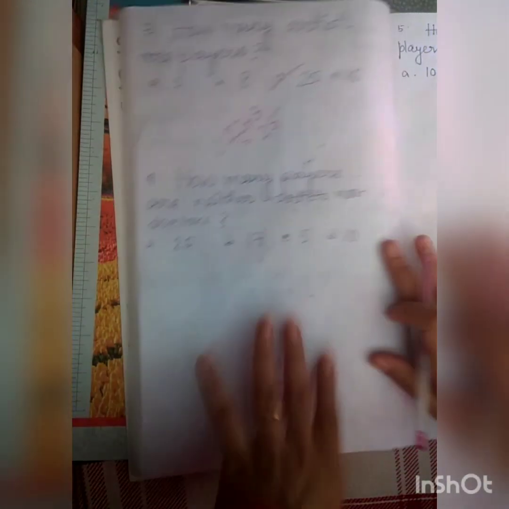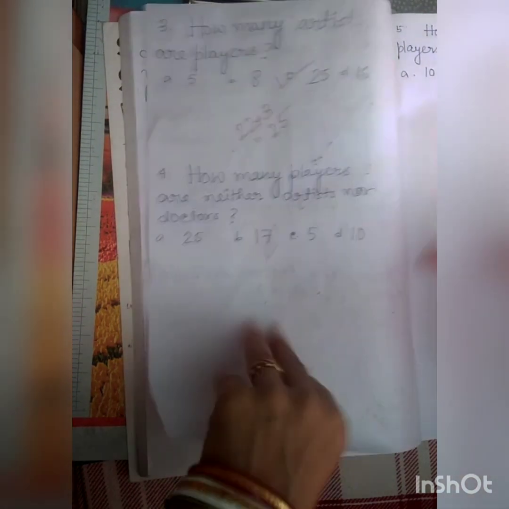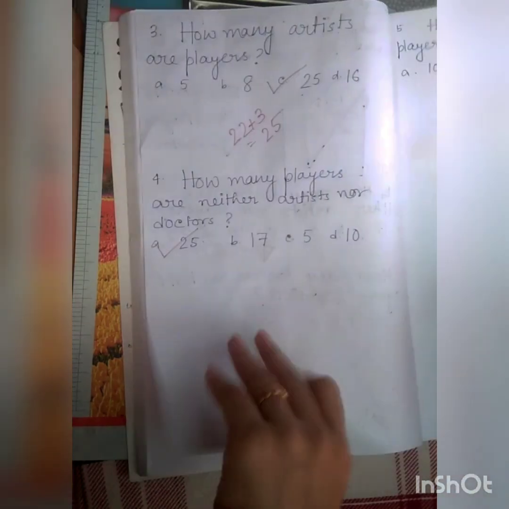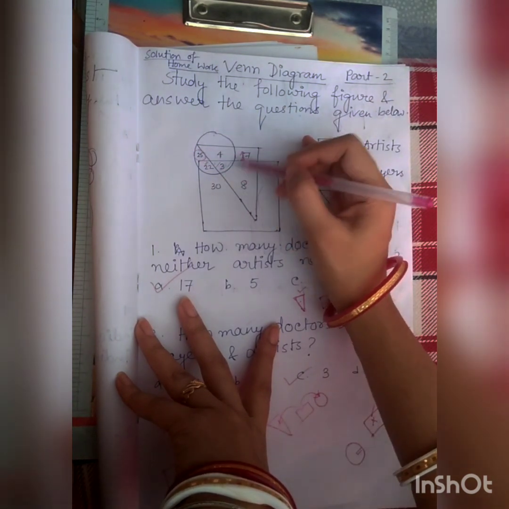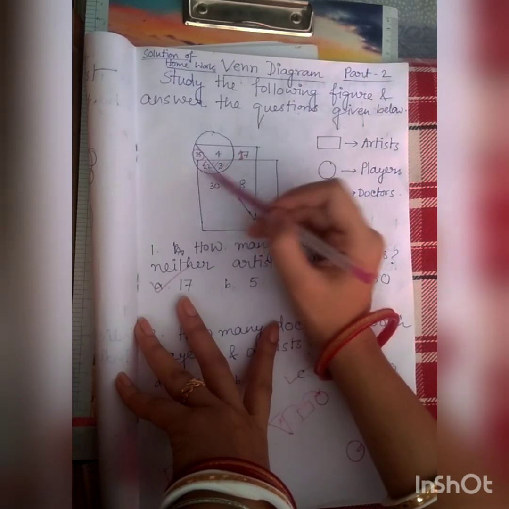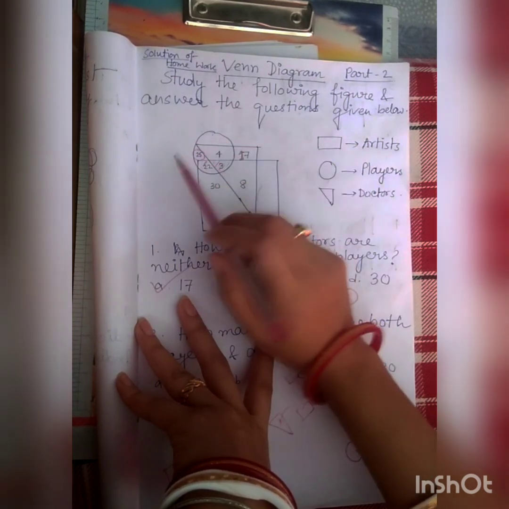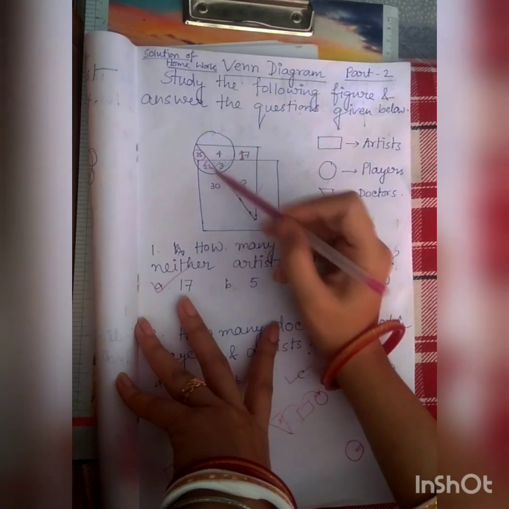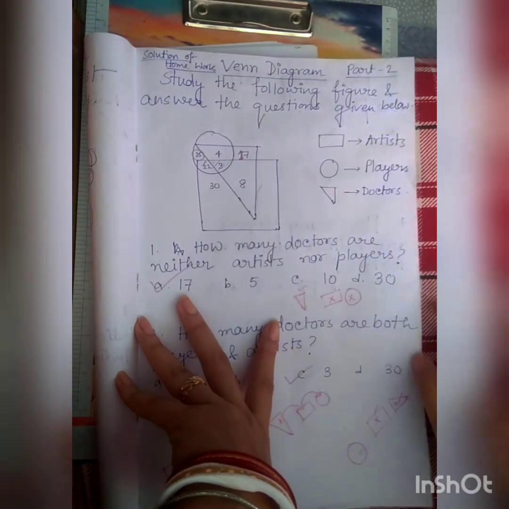Okay, so the answer to how many players are neither artist nor doctor will be 25. We can see only 25 as the number present inside the circle, means the 25 players are inside the circle only, without any intersection of triangle and square, means without any intersection of doctors as well as the artists.